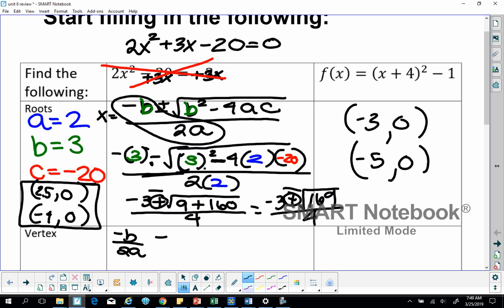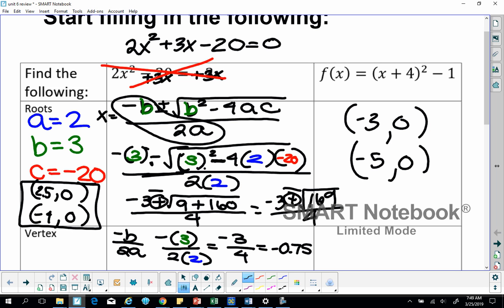So -b over 2a. What is -b? So we have negative, what's your b? 3 over 2, and what's your a? 2. When you do that, you end up getting -3 over 4, which is -0.75. That is your x-coordinate of your vertex.